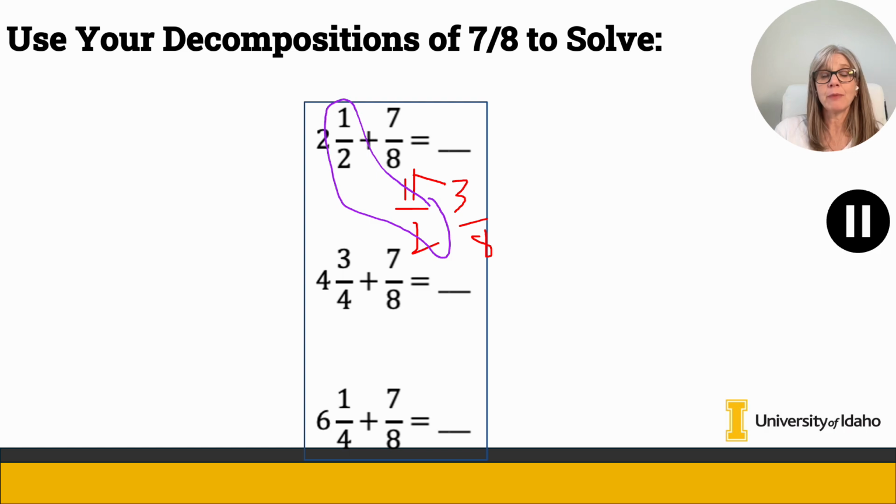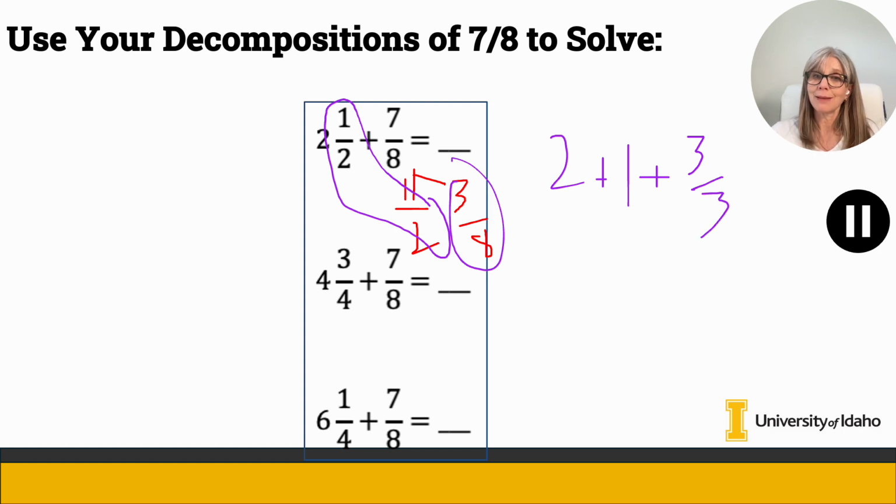So now I have my 2, my 1 whole, and I have my 3/8. So I have 3 and 3/8 as my answer. Isn't that pretty amazing? All right, take a minute, hit pause, and see if you can solve those next two in something similar.